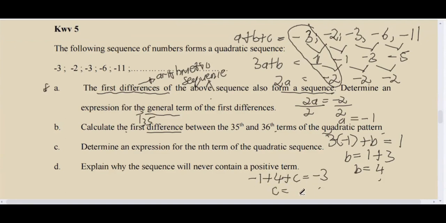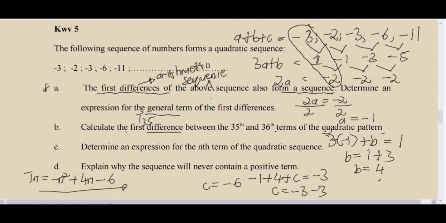If I transpose it over to that side, it's -3 minus 3, right? Then c is equal to -6. That means my Tn will now be equal to -n squared plus 4n and then minus 6, right? So this would be my nth term for the quadratic sequence, just like that.